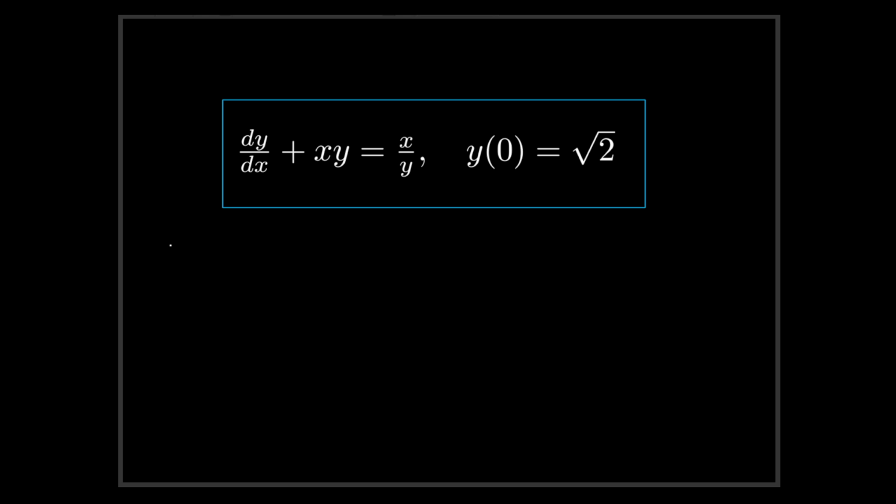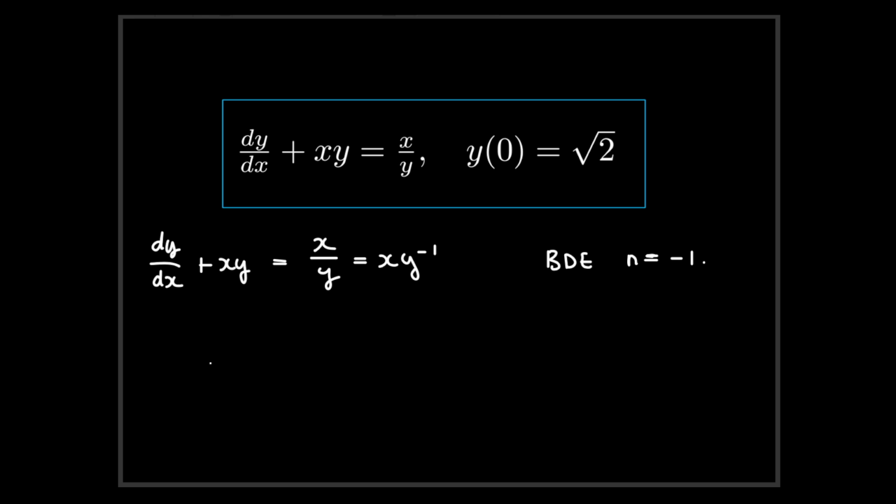So let's rewrite the equation a little bit and have dy dx plus xy is equal to x divided by y here. But this is just the same thing as x times y inverse, right? And so this is a Bernoulli differential equation with n equal to negative 1.